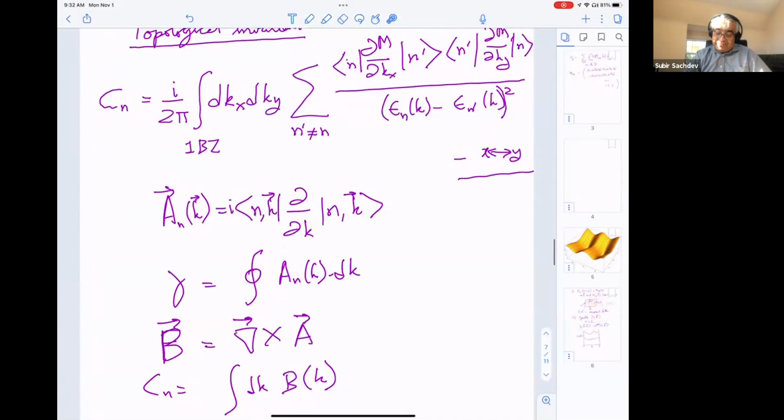I wrote this formula because it's explicitly gauge invariant. This A obviously is not gauge invariant. And then if you take the curl of A, you get some expression for B that also doesn't look gauge invariant, but of course it has to be.